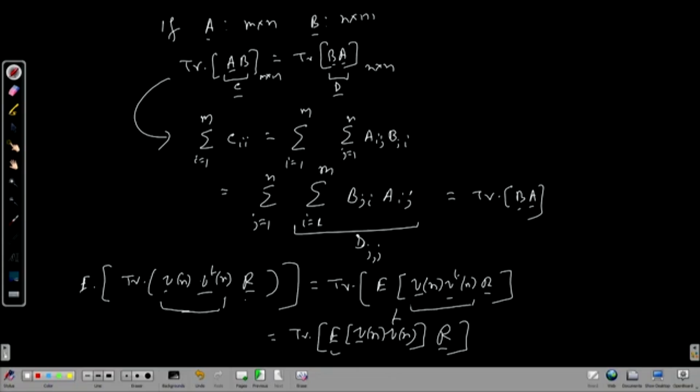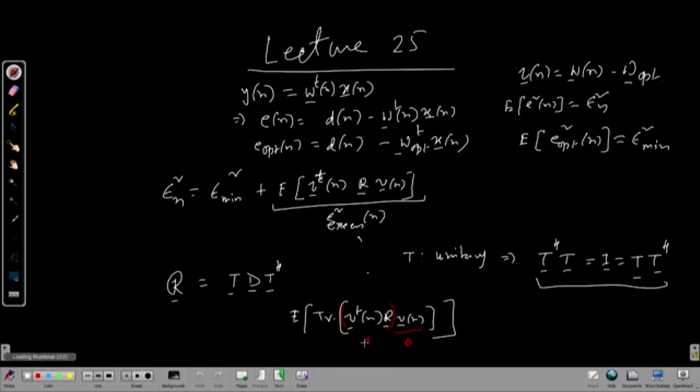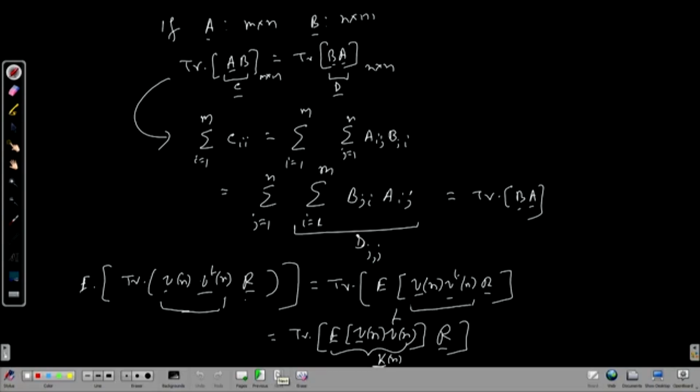So, let me call this K n matrix. Remember, it is not stationary in general, and therefore, I am putting an index n, unlike R. It was the input autocorrelation matrix independent of n, because input was WSS. Same does not apply here for W n, where W n is not in general WSS. Okay. So, I call it K n.